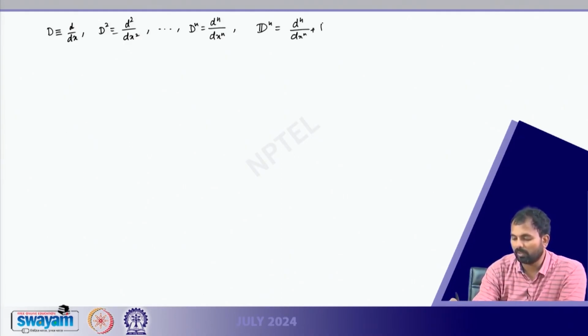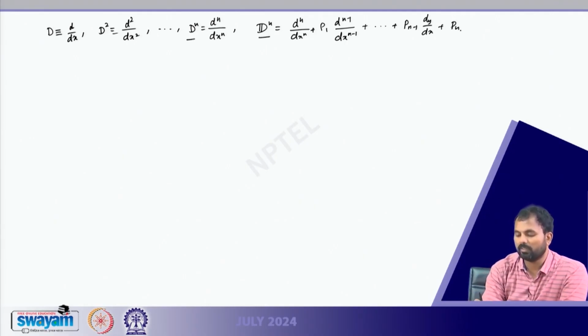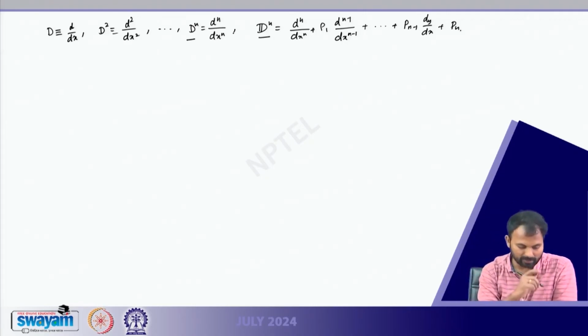In a way, here you have Dn plus p1 Dn minus 1 dot dot up to pn minus 1 D plus pn, right. So this Dn and this Dn are different, so do not get confused, these two Dn's are not the same. There is a difference in the notation as well. Okay.